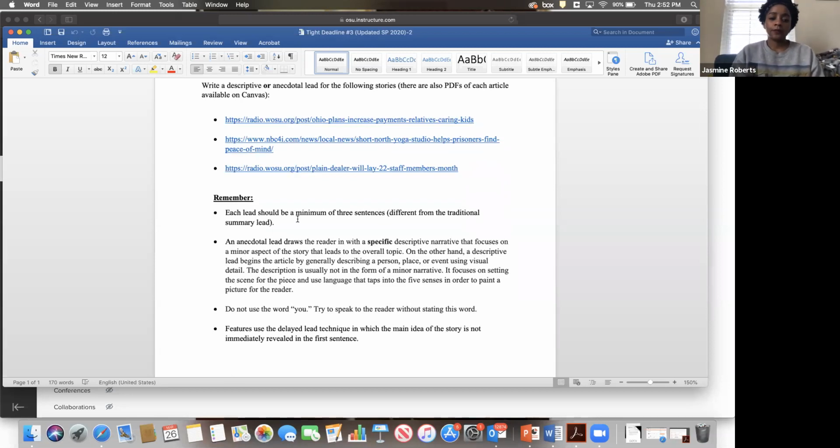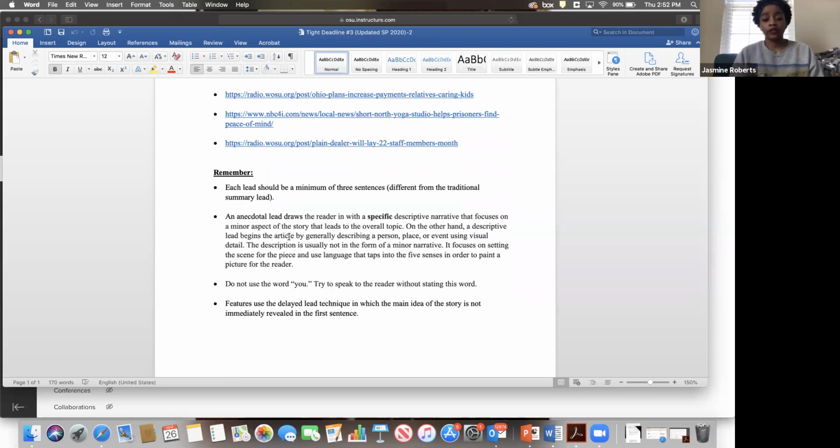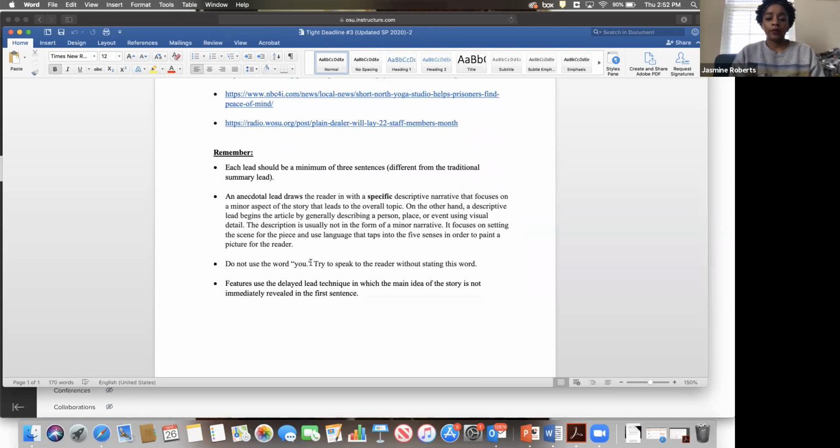And then the second point, once more, I'm helping you understand the difference between descriptive and anecdotal. If you are making up a hypothetical situation for your reader, try not to use second person. Sometimes I'll get this from students: "Imagine you're an Ohio State student who's trying to juggle 2 jobs and extracurricular activities."